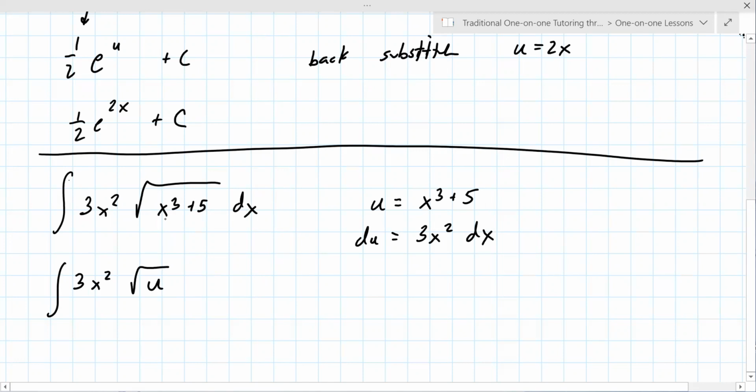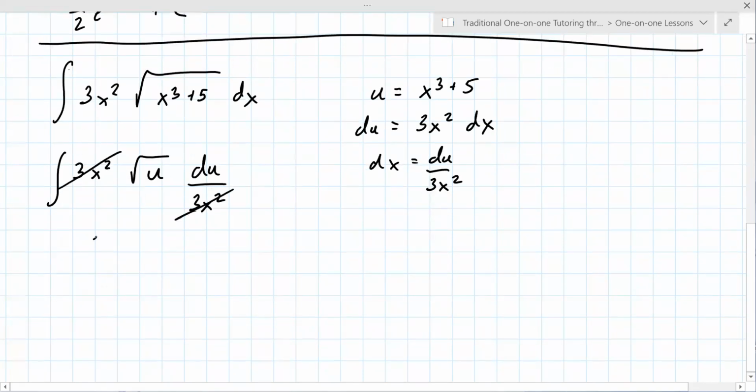So in this case, x cubed plus 5 is u, and then dx is du over 3x squared. So this is du over 3x squared. So these cancel. And I like to show that because then it's much more understandable, I suppose. Okay.